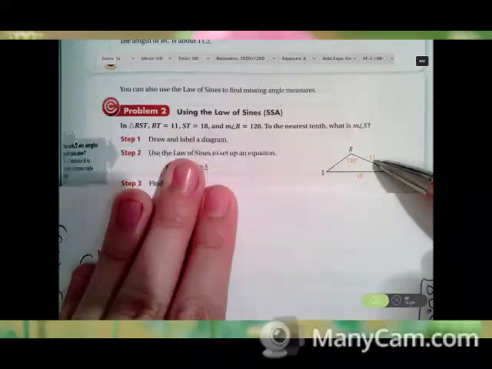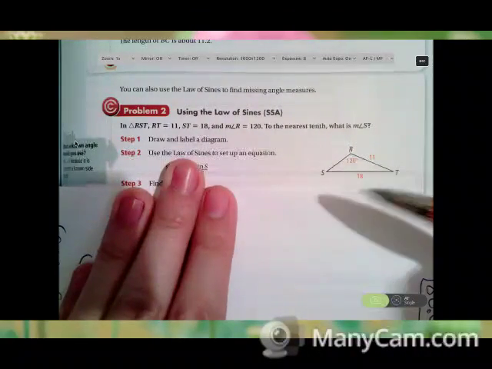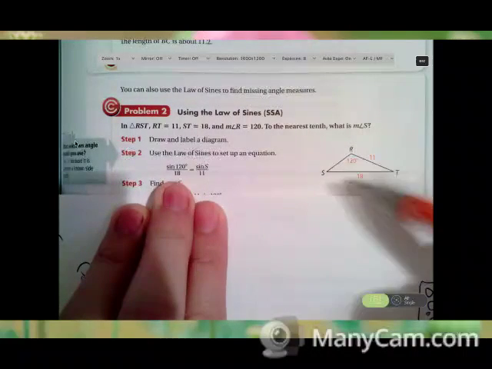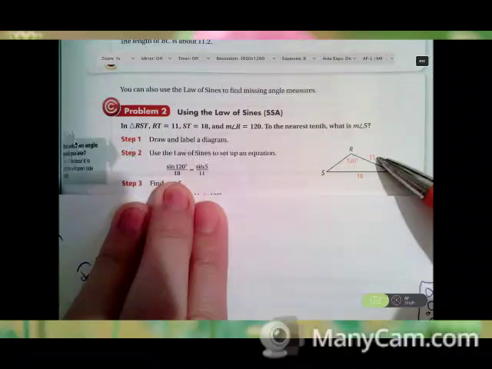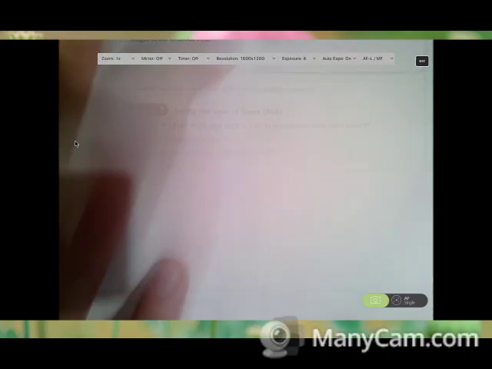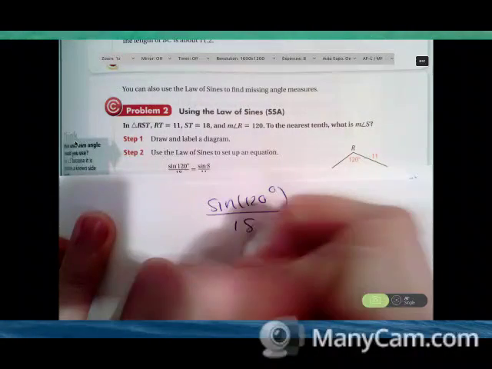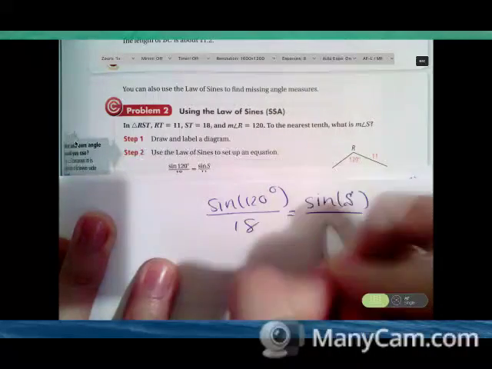So what's the angle opposite of RT? It is angle S, which is what we're trying to find. So we're going to set up our ratios. Sine of 120 over 18 equals sine of S over 11.